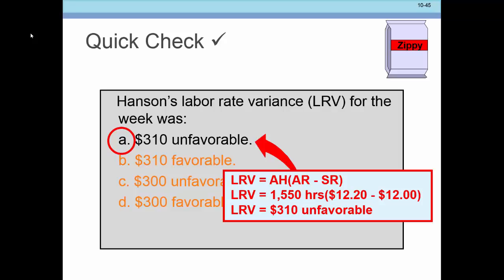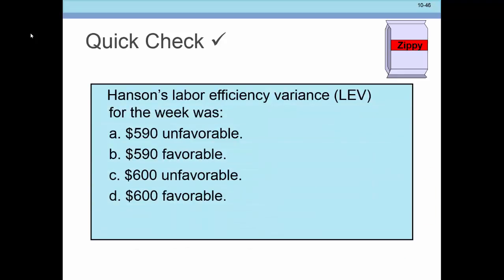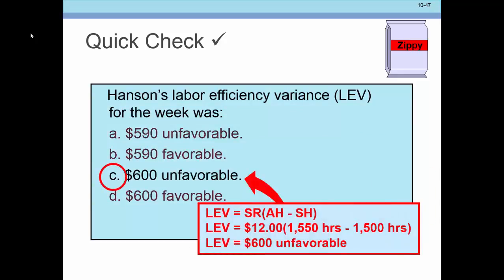Oh, and I put 1,500 here? Okay. So it's supposed to be 1,550 times negative 0.2, which would have been negative 310. Yeah. Okay, sorry about that. So it's negative 310. Okay, good. And I think this one's wrong, right? 600 unfavorable? Just checking our work here.